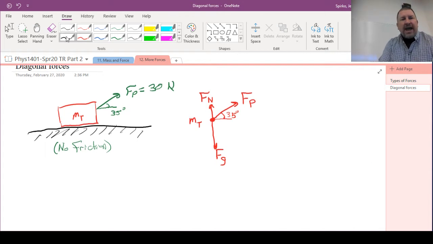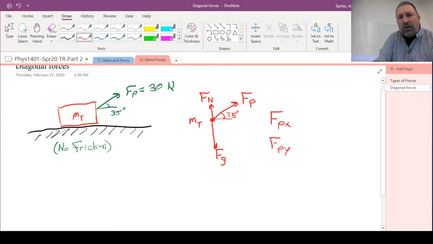So here, we're going to have to think about splitting FP into components. This is why we talked about vector components the last couple of weeks, because this diagonal force has some horizontal nature to it and it has some vertical nature to it. So we want to think about FPX and FPY. And let's start off with signs, pluses and minuses. This force is in the plus x direction and the plus y direction.